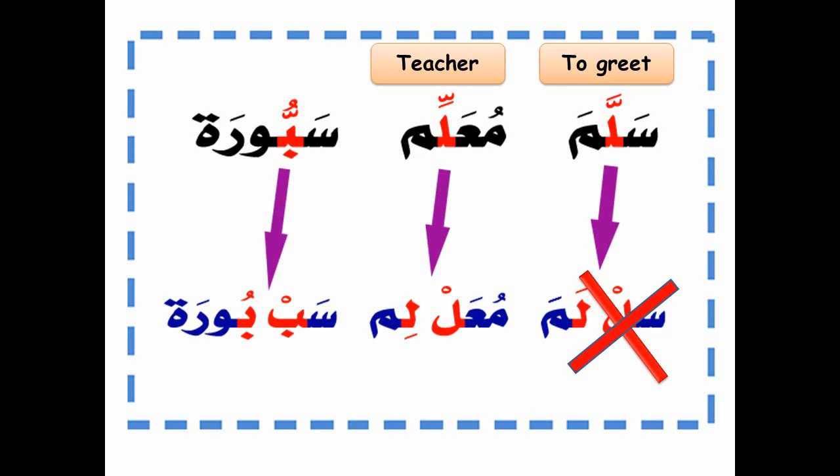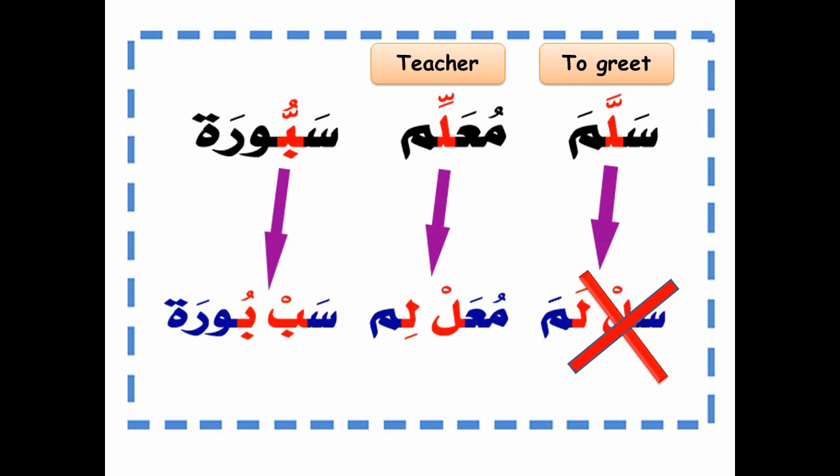So the last example here we have saburatun. We have the stress, shadda, and above the shadda we have dhamma. Of course, here again it is divided in 2 sounds, sab, bu.